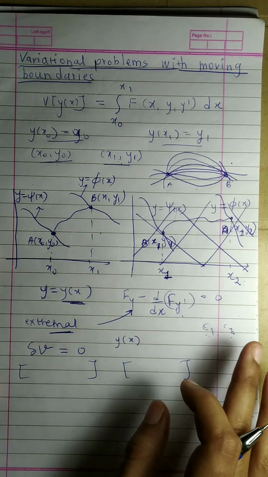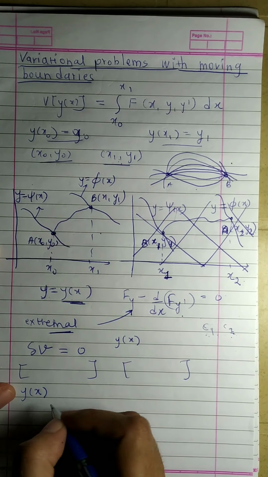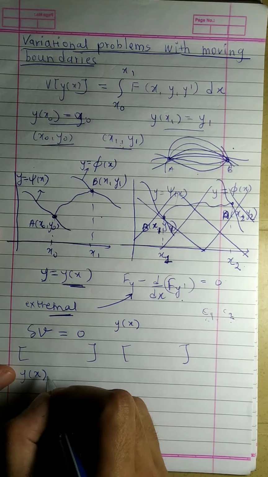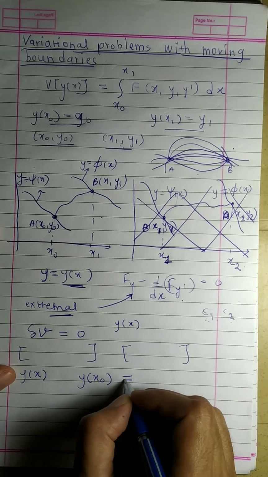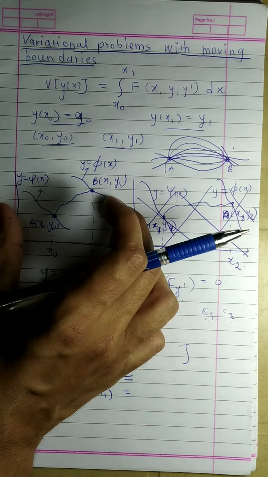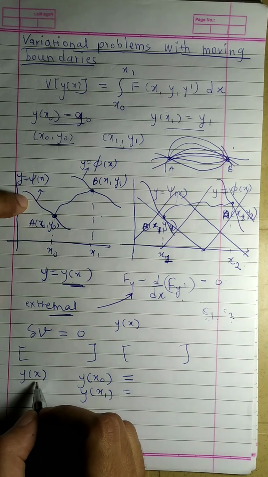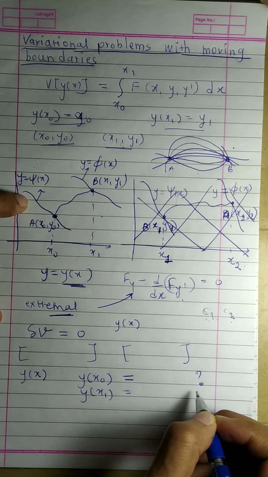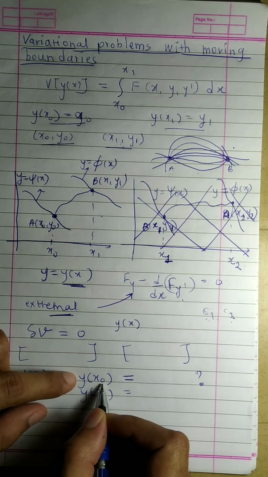So once we get these conditions, whatever is the curve on which the extremal is attained will be such that y at x naught will be equal to, suppose this is that problem, and the extremal is attained on the curve y equal to y of x. Then y of x naught will be equal to what? Where will this point lie?